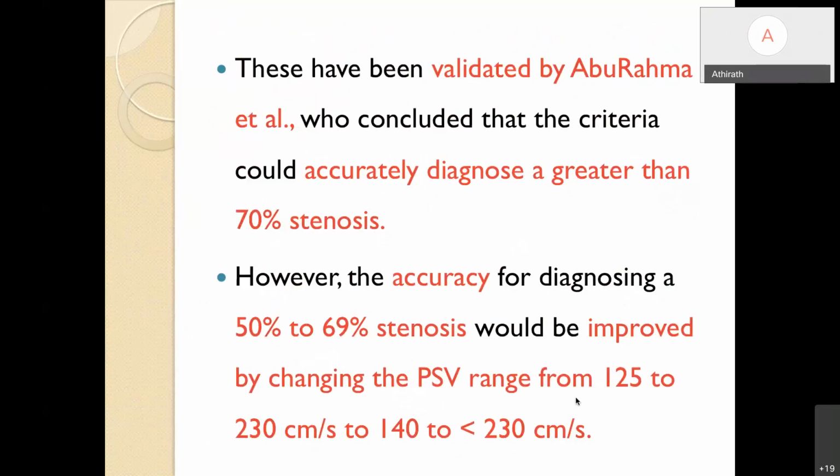The criteria which I have discussed above have been validated by Abu Rahma et al., who told that these criteria can accurately diagnose any stenosis greater than 70%. But whenever you are dealing with a 50% to 69% stenosis, the accuracy can be improved by changing the PSV from 125 to 230 centimeter per second to 140 to less than 230 centimeter per second.